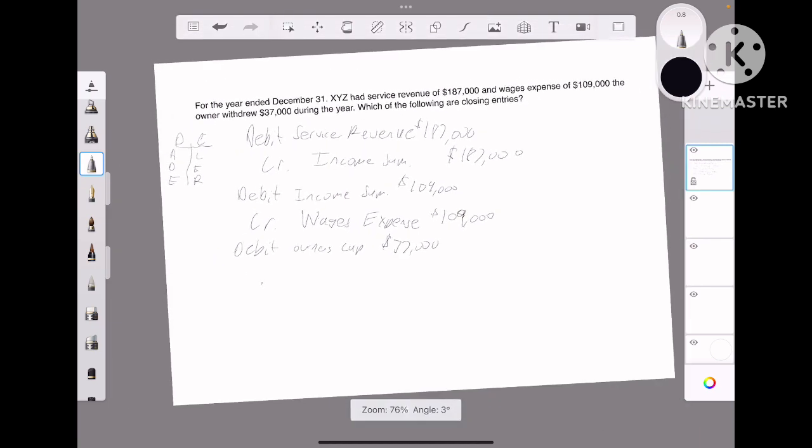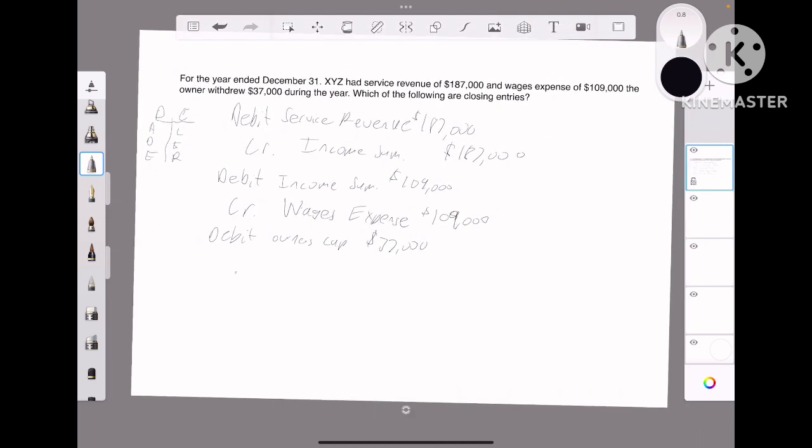Then we'll credit owner's withdrawals $37,000 because the debits and credits need to balance.